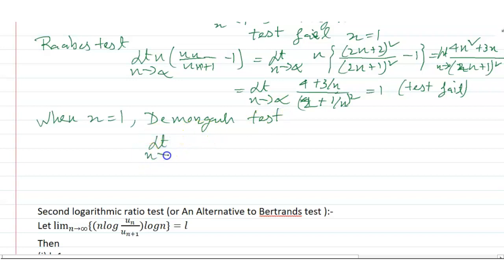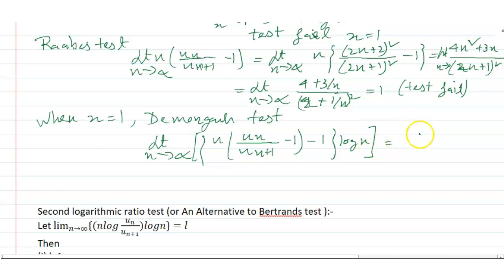Limit n tends to infinity n into (u_n divided by u_{n+1} minus 1) minus 1 into log n equals to, we know this value by Raabe's test.